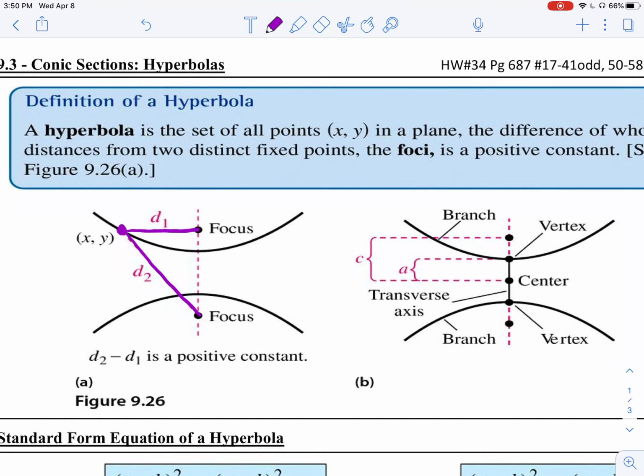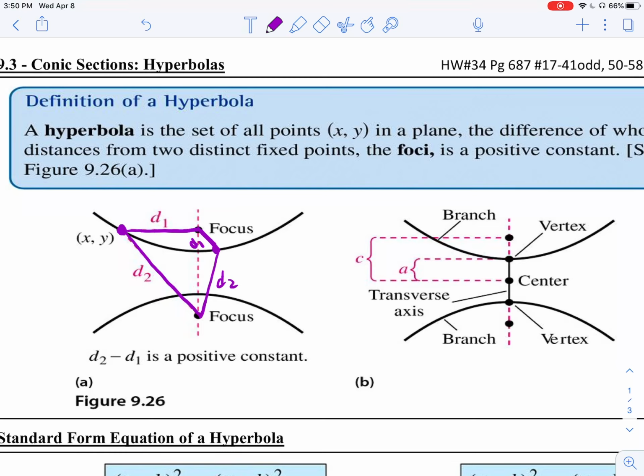Well, if I were to choose any other point on this hyperbola, and I found this distance, which is going to be a different D2, and this distance here, which is clearly a different D1, D2 minus D1 is going to be the same positive constant.